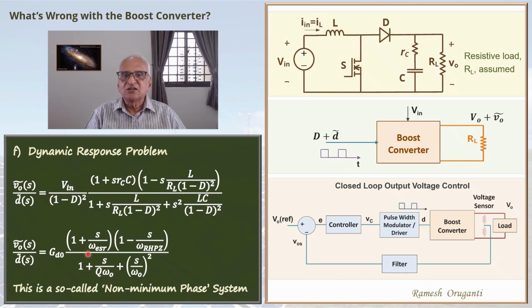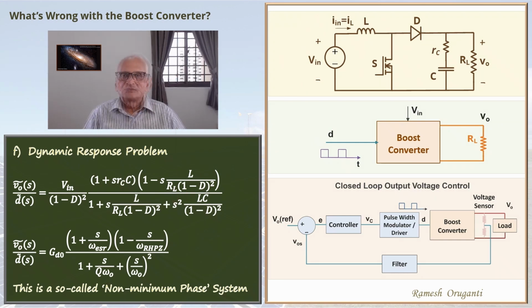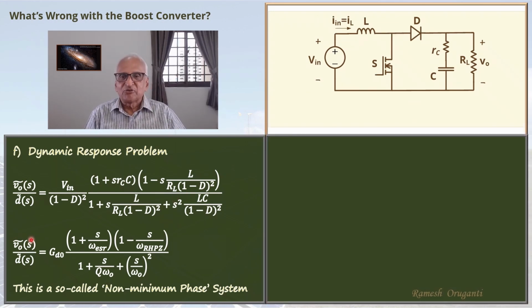Omega ESR is just 1 by RCC, and likewise omega RHPZ is 1 by this part. So V0 tilde of S by D tilde of S equals GD0 times this numerator polynomial divided by the denominator polynomial. N of S is the numerator polynomial, D of S is the denominator polynomial.